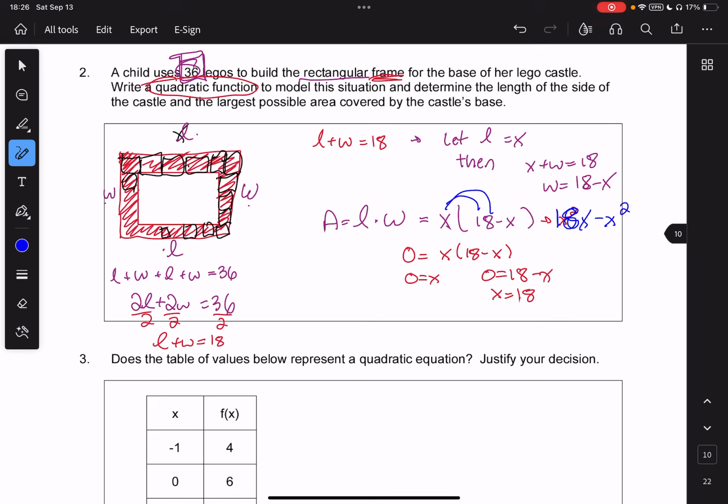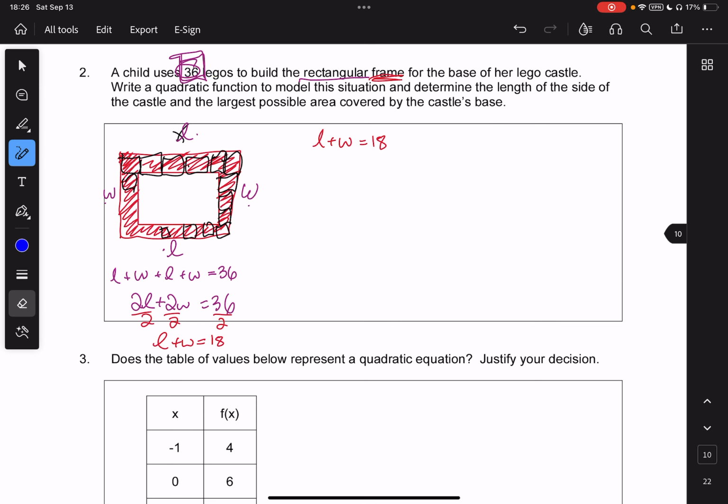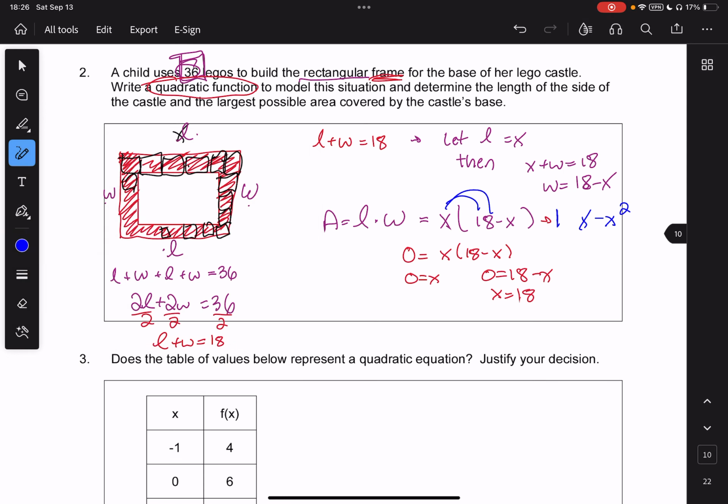If you want, you can put it in your calculator, or I can show you. It's going to look something like this, where our graph, since our x-intercept is at 0, and our second x-intercept is at 18, and since our x squared is negative, it's going to be concave down.